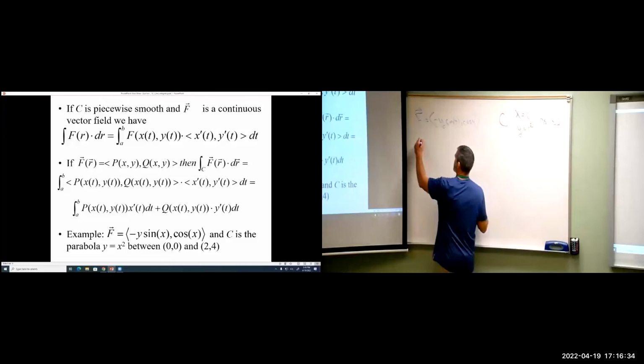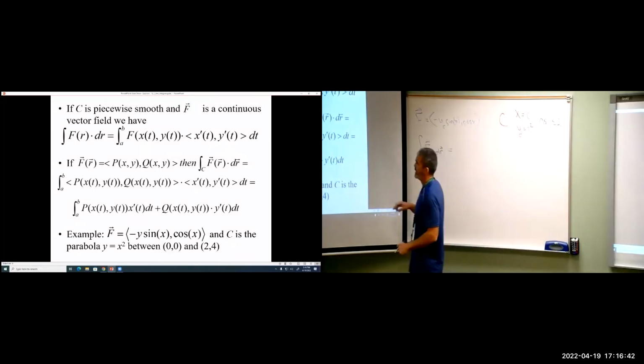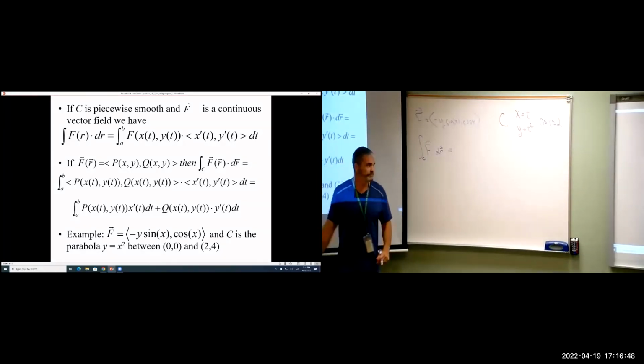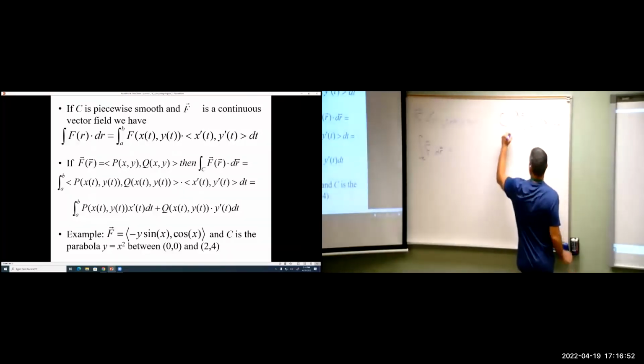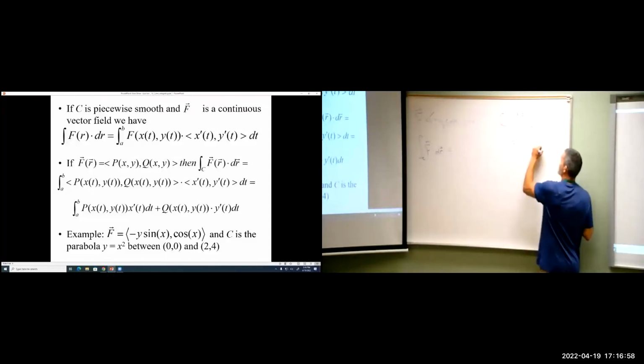All right, we want to do the line integral of F dotted with dr. I'm not going to write out this part, but this is what comes next. Basically, if that's my C, then r of t is t comma t squared.